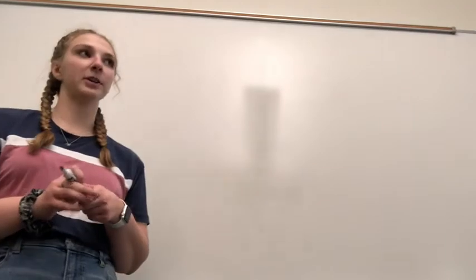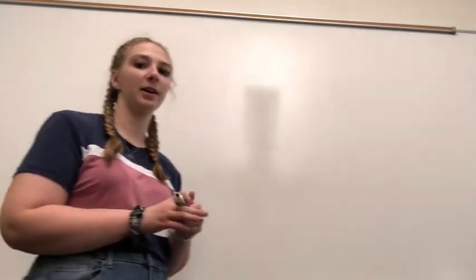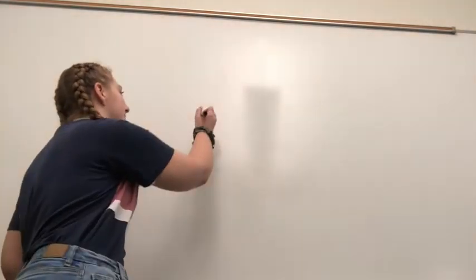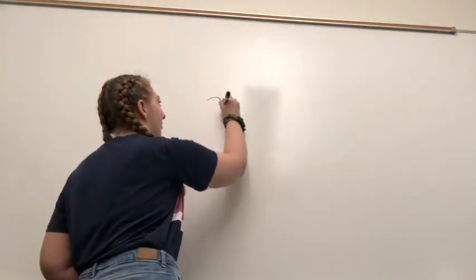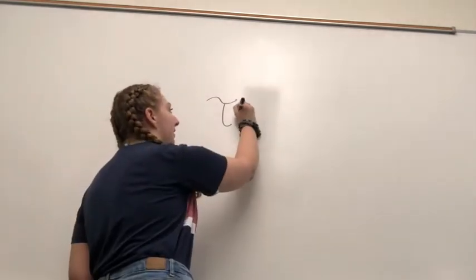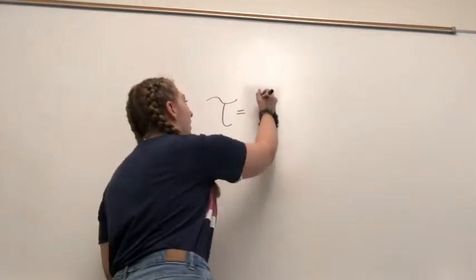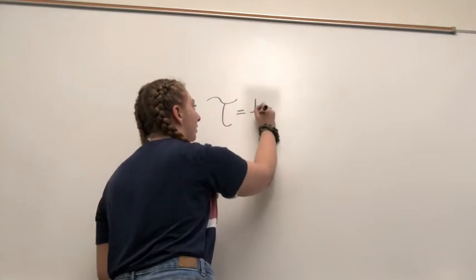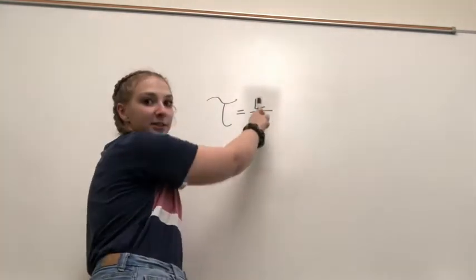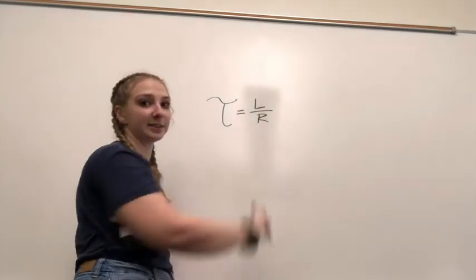The next thing that we're going to talk about is the characteristic time constant, which is represented by our lovely letter tau, and it's going to be tau equals L over R. Remember that L is our inductance and R is our resistance.